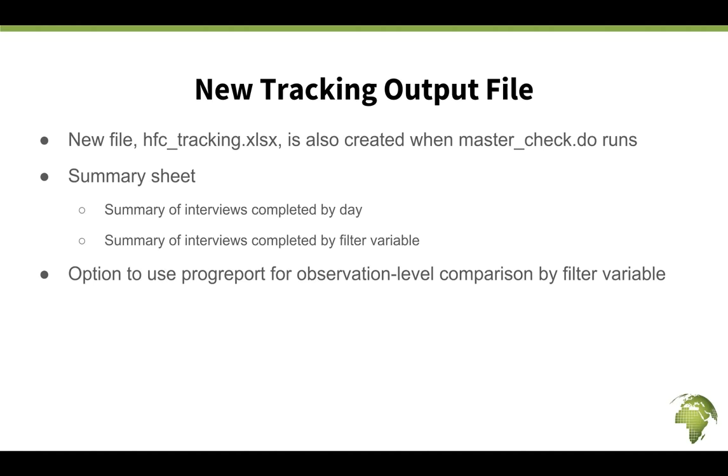In this version we've also integrated the prog report command that Rosemary's been working on, so that you get nicer formatted tracking information, and the ability to create progress report sheets, which tell you how close you are to different recruitment targets in different areas, and give you lists of who still remains and who's been completed, so that you can follow up with your field team.